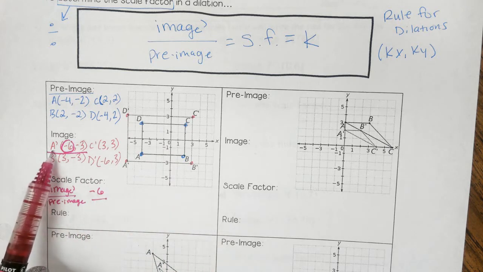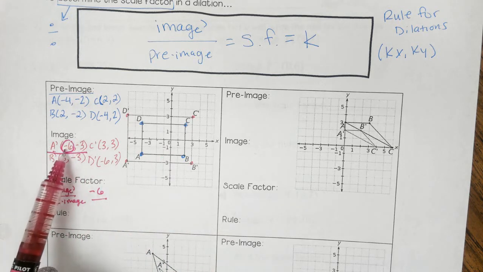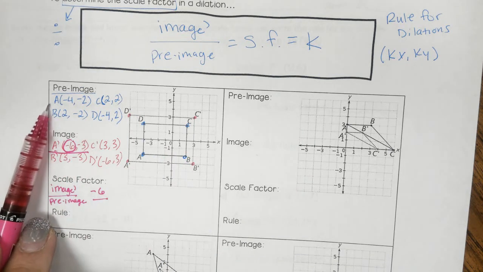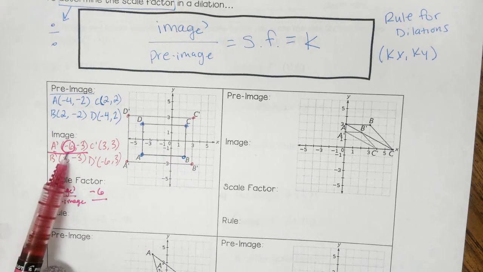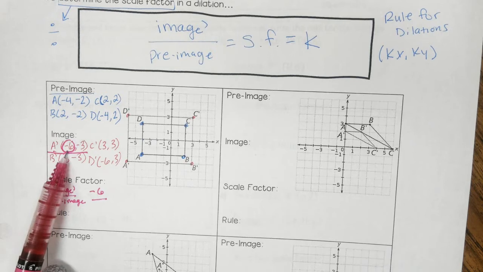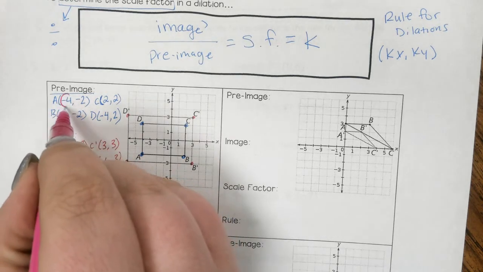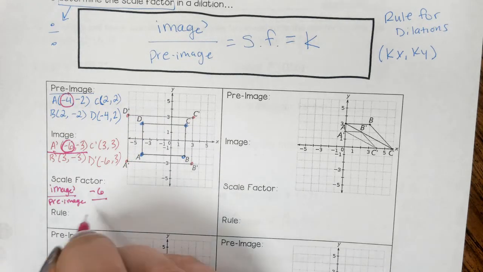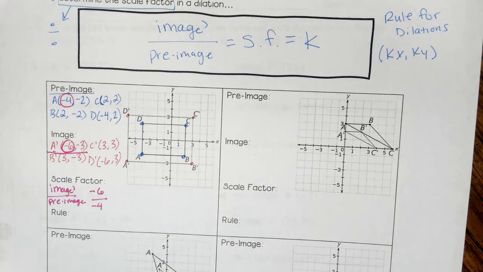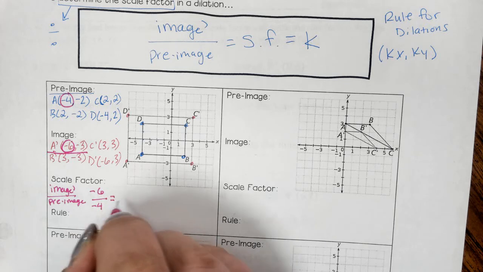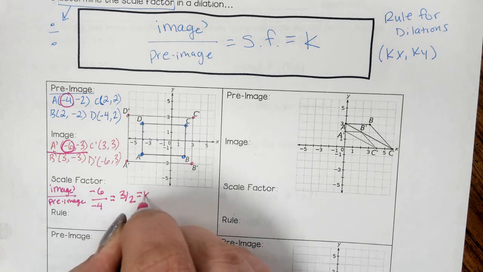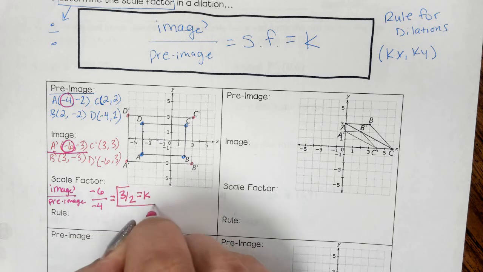So we used something from A prime, so we're going to find something from A. Specifically, we used the x value from A prime, so I have to use the x value from A. So the scale factor is -6 over -4, which reduces to a positive 3/2. So the scale factor, or k, is 3/2.